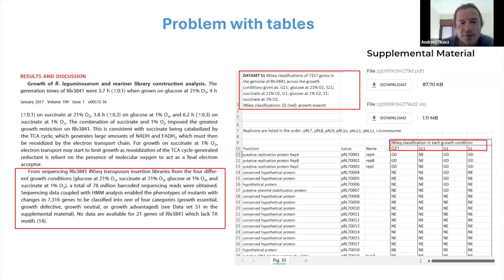The same happens if you actually try to get the data itself. You read something in the text, it refers you to the supplementary, you have to find it. It's actually table S1, the second link. Then you have to find the legend in order to understand which column you need to look at for the data you want. I was interested in some gene: is it important for growth in this condition or not?